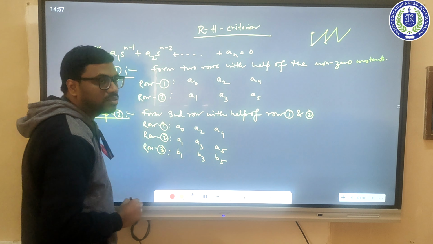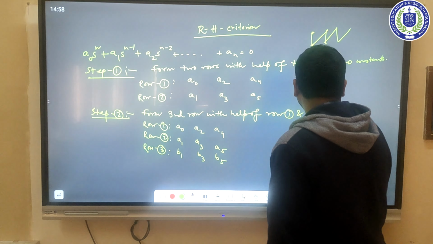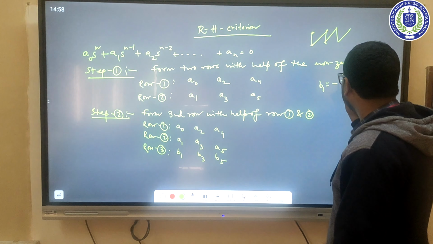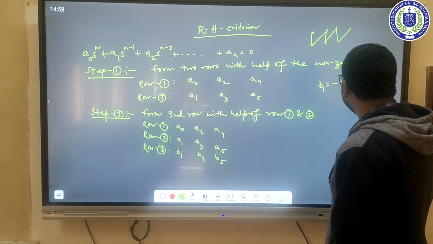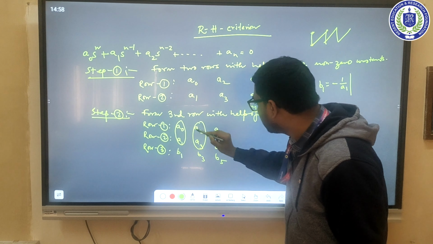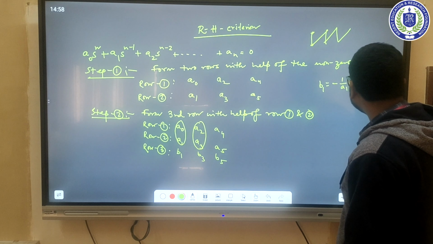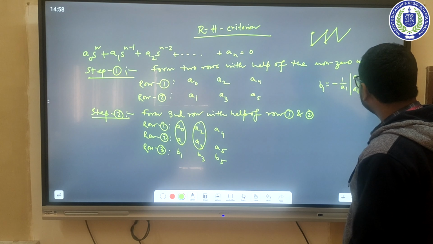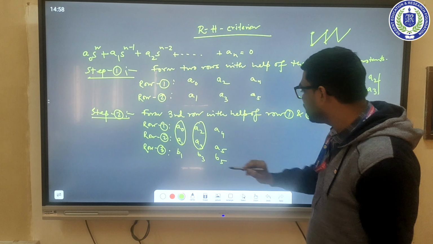Now how to calculate this B1? B1 is nothing but minus 1 by A1 times the determinant of A0, A1, A2, A3. Next we will form B3.